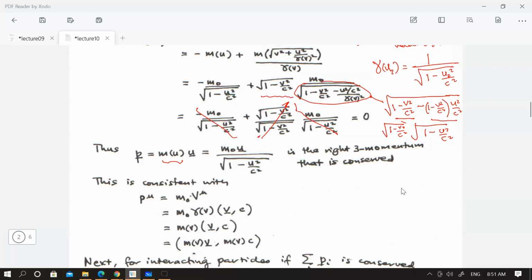Your 4 momenta is now proportional to the 4 velocity by some constant which is not dependent on the frame, which is now given by the rest mass. So essentially this works out, and you can see that the spatial part corresponds to gamma v times v times m naught.